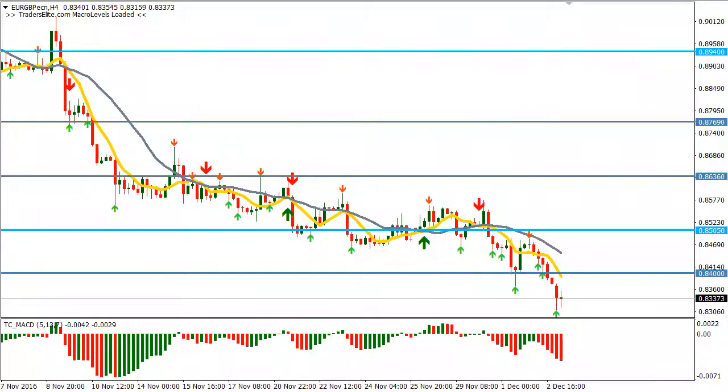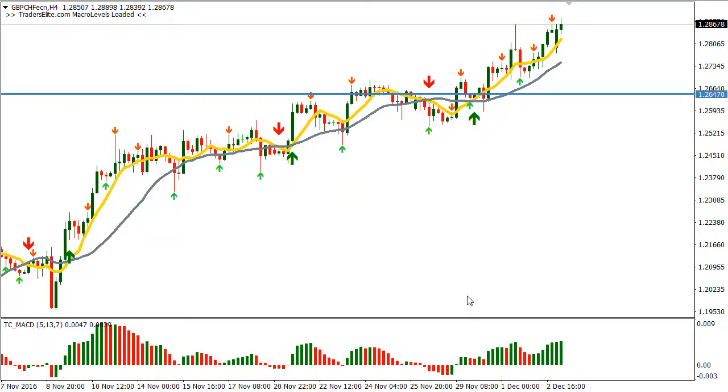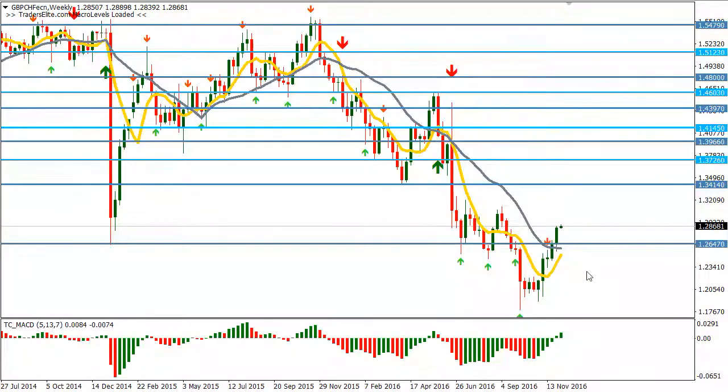Okay, pound Swiss is typically a mirror reversal of euro pound. On the weekly it's been down, and it hasn't changed over to an upward trend yet, but it's looking pretty strong. You can see that another week, maybe by the end of next week, it'll technically be in an upward trend for the first time since around November of last year.